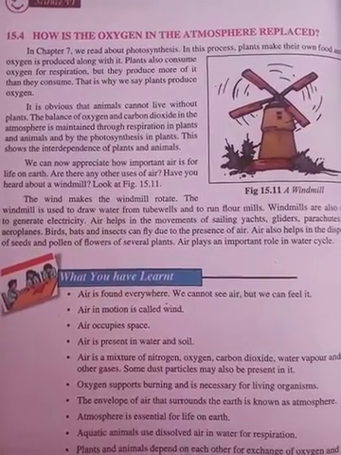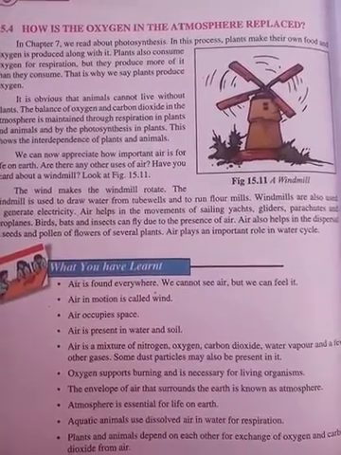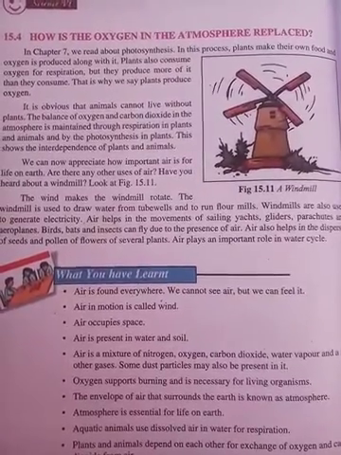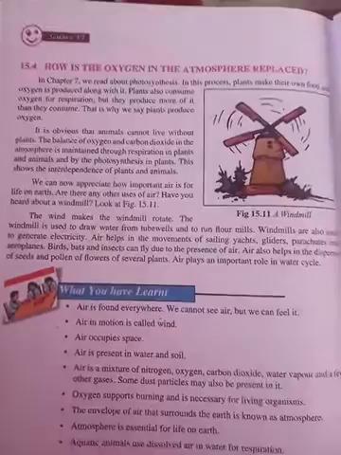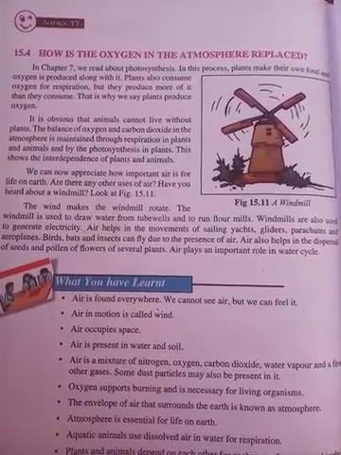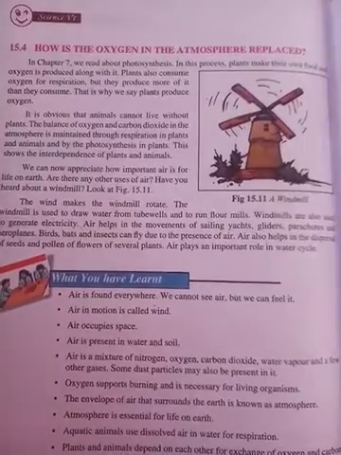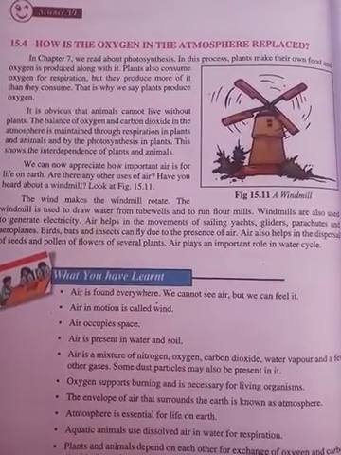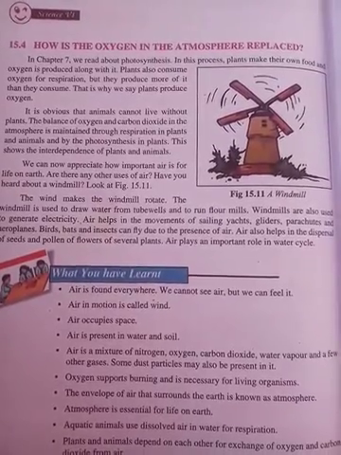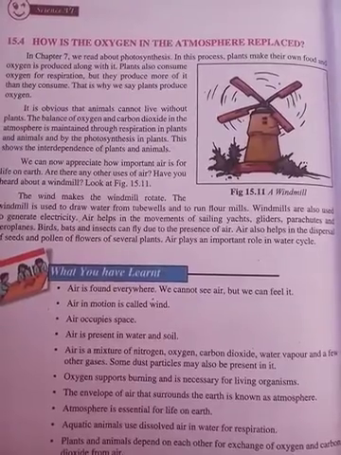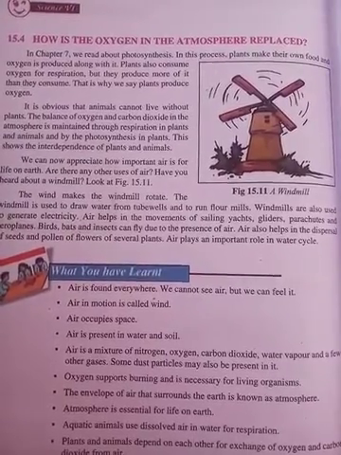The last topic that we are going to discuss in this chapter is how the oxygen in the atmosphere is replaced. As you know, in the process of photosynthesis the plants make their food and oxygen.